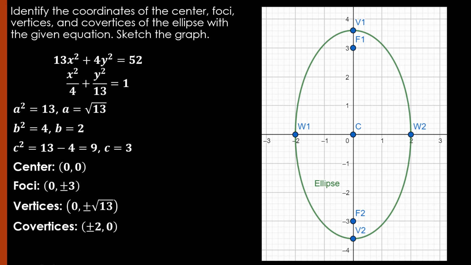So that's square root of 13 from the center to the vertex. Vertex to center and then center to vertex. For the co-vertices, we have W1 and W2, and they are b units away from the center. So that's the graph of the ellipse.